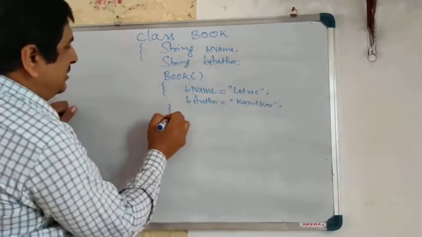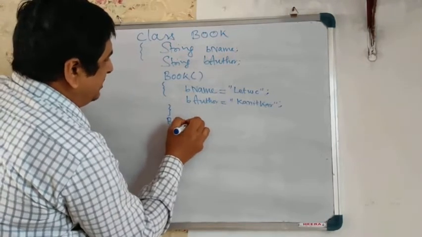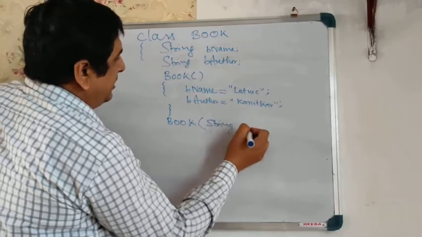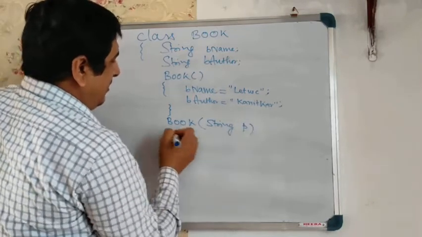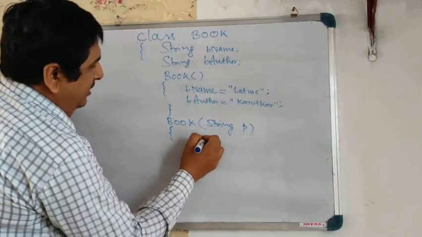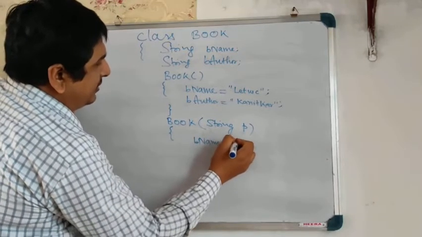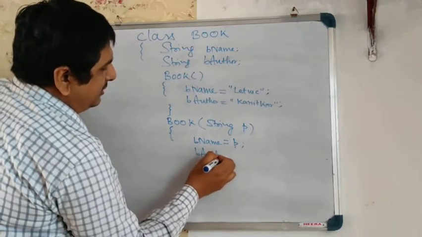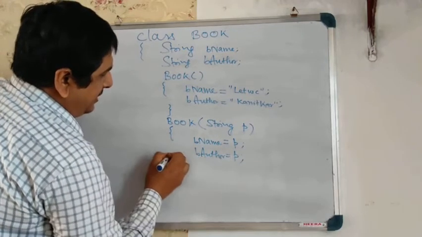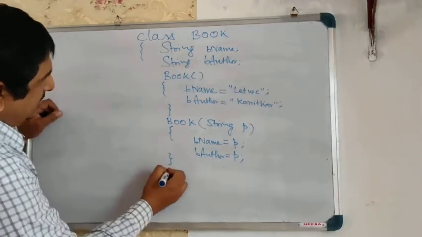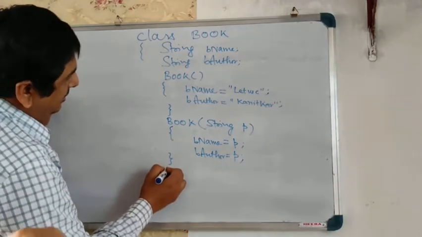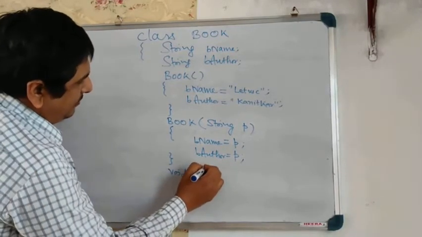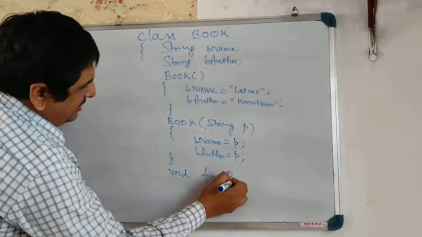Then again we started with string p, bname equals to p, bauthor equals to p. Then void findBook.